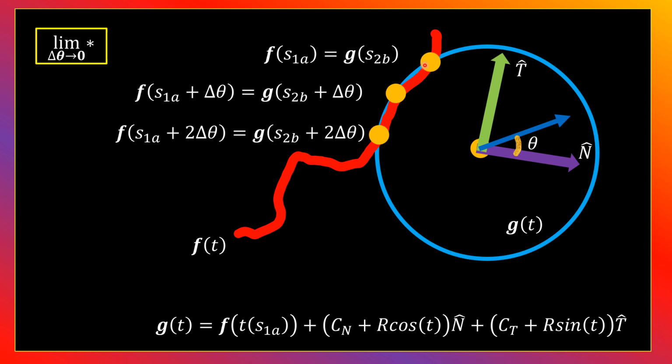Now we know from geometry that we need 3 points that are not collinear to fit a unique circle. So we will choose f of s1a, f of s1a plus delta theta, and f of s1a plus 2 delta theta, these 3 points, to be those 3 points, and we're taking the limit as delta theta approaches 0.